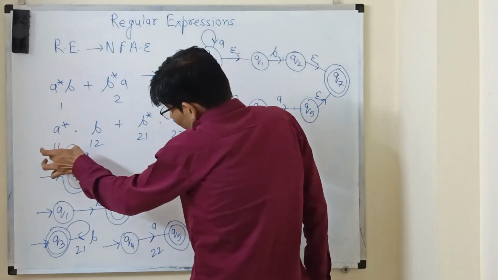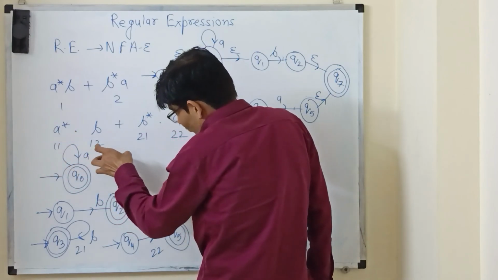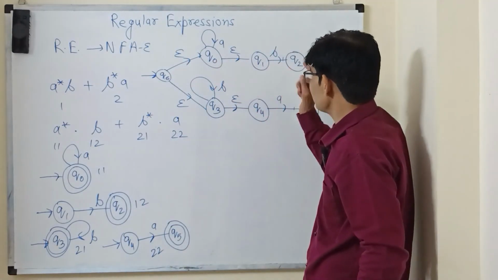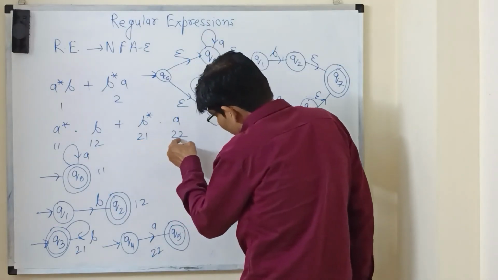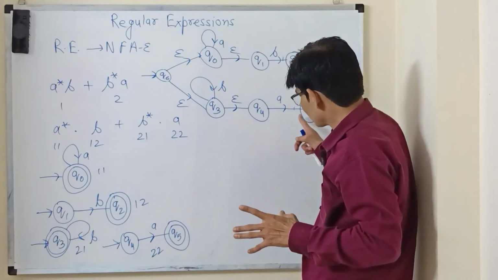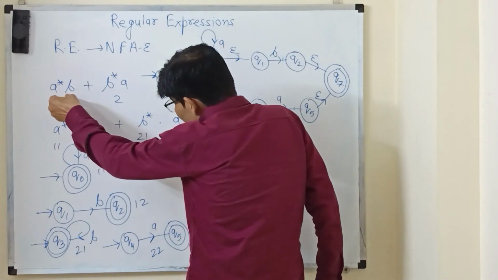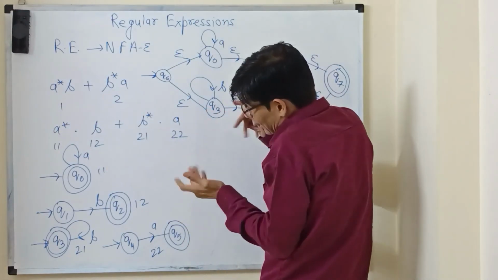Now the machines for parts 1 1 and 1 2 are connected in series. And similarly, the machines for parts 2 1 and 2 2 are connected in a series. Then that also we have done. Now as we have a choice of either this part or this part, we need to connect both these parts in parallel.